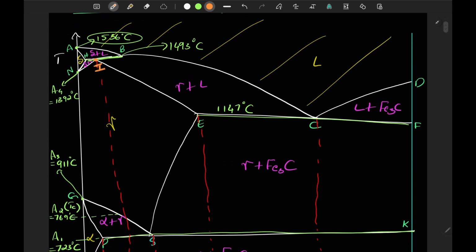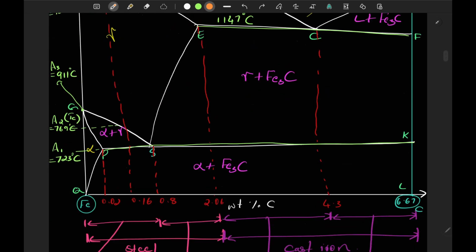The peritectic reaction is like this, where delta plus L upon cooling down gives gamma. So it can also happen in a reverse way, that is gamma upon heating gives delta plus L. So it is a reversible reaction.